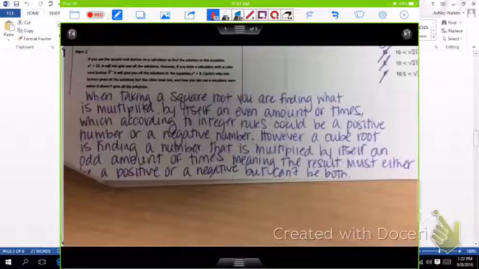When taking a square root, you are finding what is multiplied by itself an even amount of times, which according to integer rules could be a positive number or a negative number. However, a cube root is finding a number that is multiplied by itself an odd amount of times, meaning the result must be either positive or negative, but can't be both. So when using the calculator here, you have to understand the integer rules and not only rely on the calculator.